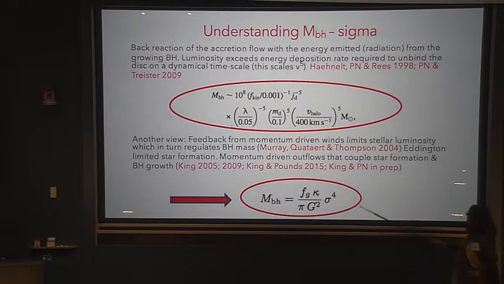In these models, momentum-driven outflows really regulate and connect the large scale to the small scale, and move mass and energy around on these scales, which will affect both black hole accretion and eventually the star formation rate as well. You find that the mass of the black hole will be proportional to sigma to the 4th.